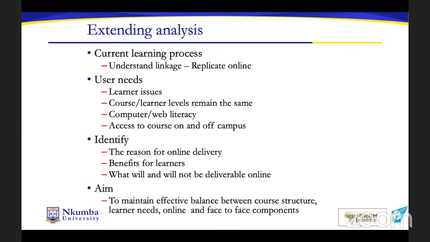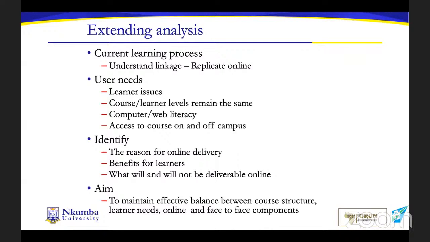So colleagues, looking at the current learning processes within our traditional classroom, we need to clearly understand the linkage between them and what we want to take online.